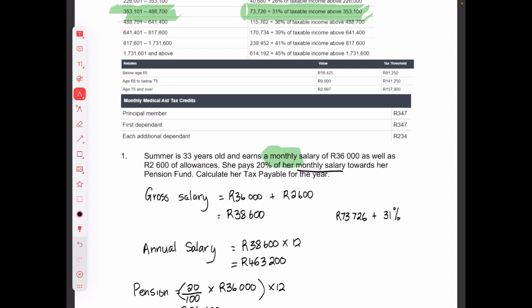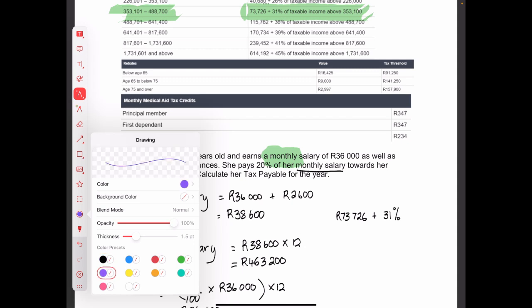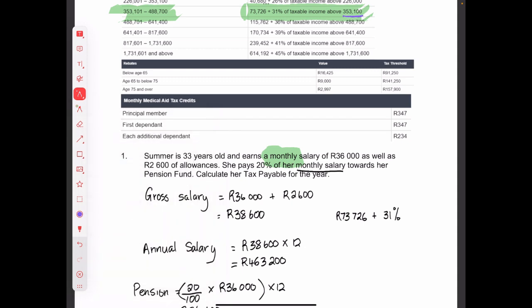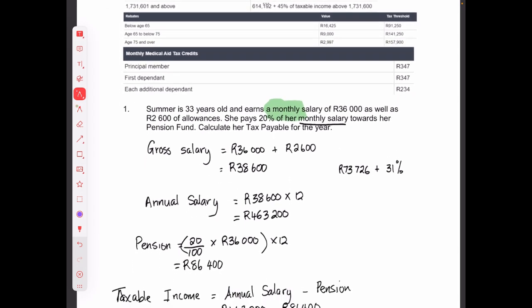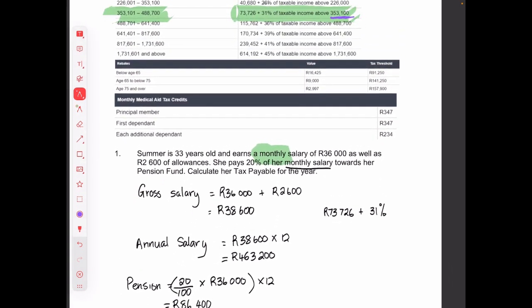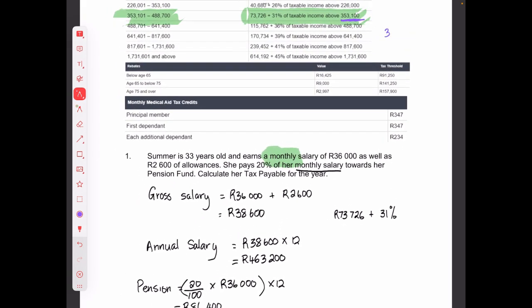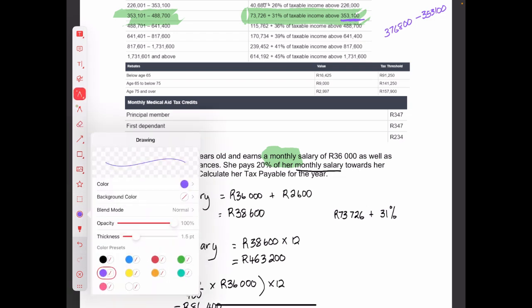Now, if we're talking about above, we basically want to remember that we need to subtract. We're going to take our 376,800, subtract the 353,100. So we subtract the two, and the amount that it is above that, we're going to use.